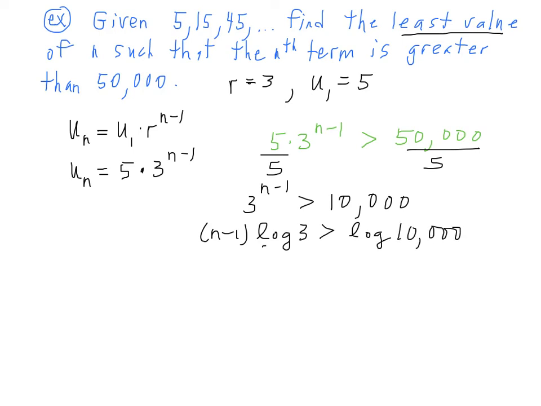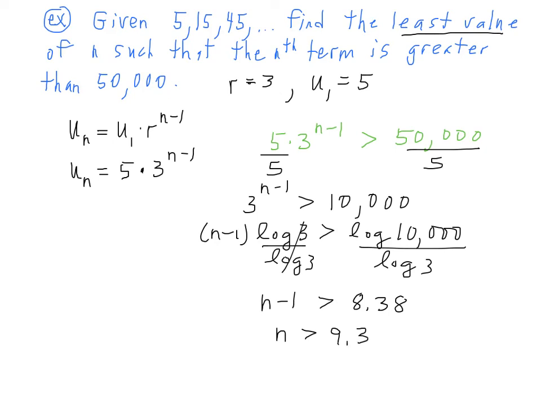And then we would divide over our log of 3. From there we would end up with 8.38, and then if we add over our 1, we get n is greater than 9.38.